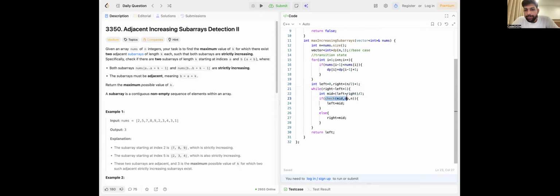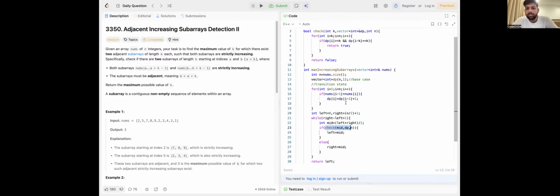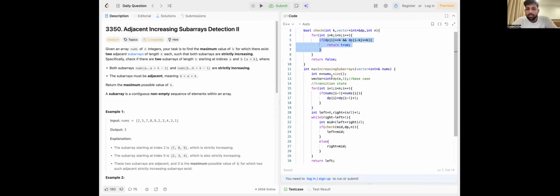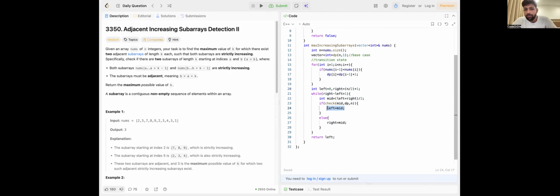If check of mid, dp is true, meaning for this particular k we check whether there exists any index I such that there exist two adjacent increasing subarrays of length k, then we go to left equal to mid. If it's not, we go to right equal to mid. And finally, we return left. So that was all for this solution.